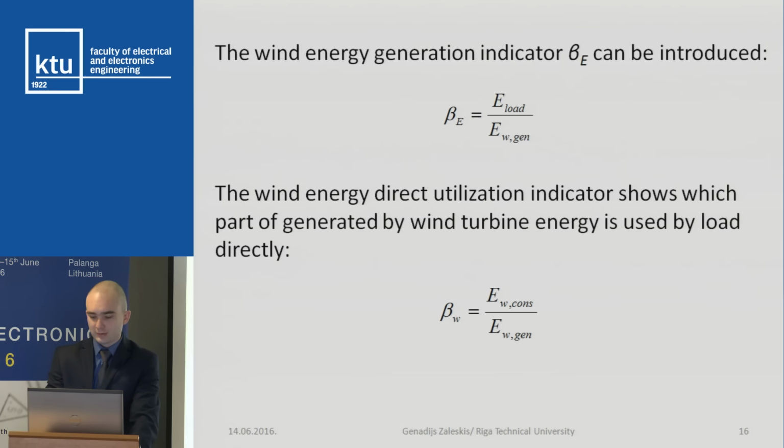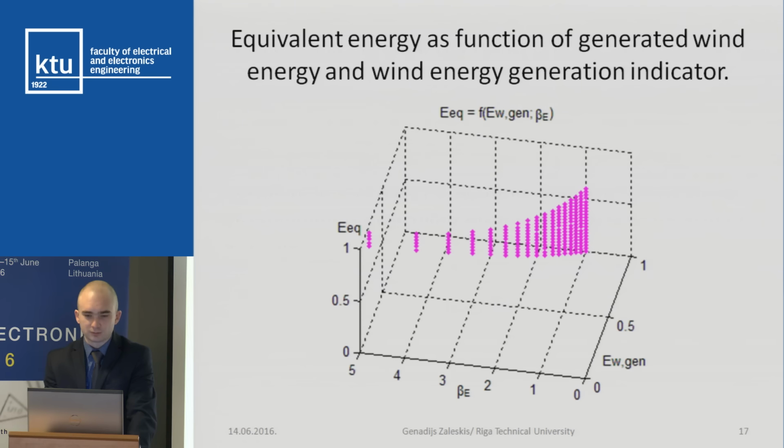It is consumed wind energy divided by generated wind energy. And this indicator is used in the diagram: equivalent energy as a function of generated wind energy and wind energy generation indicator.